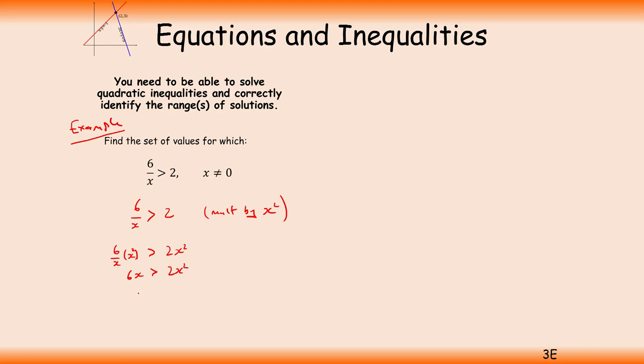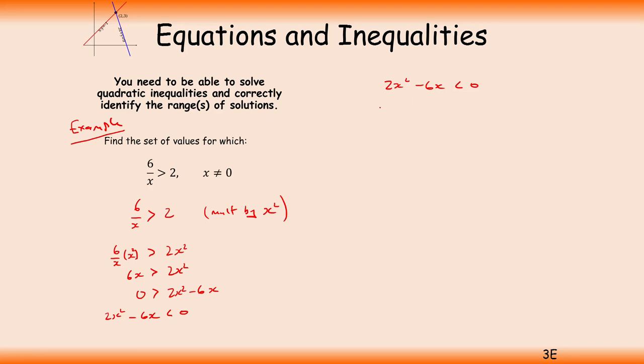So 0 is going to be greater than 2x squared minus 6x, or if we write it on the other side, 2x squared minus 6x is less than 0. So we've got to solve that. Let's write it here. 2x squared minus 6x is less than 0.